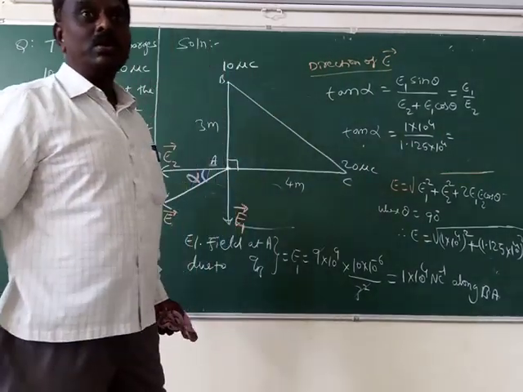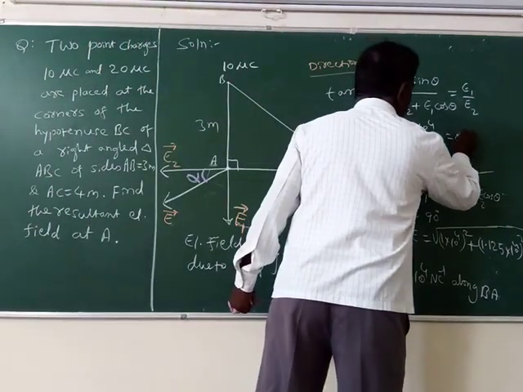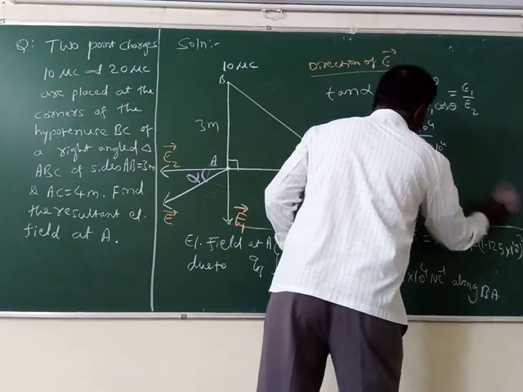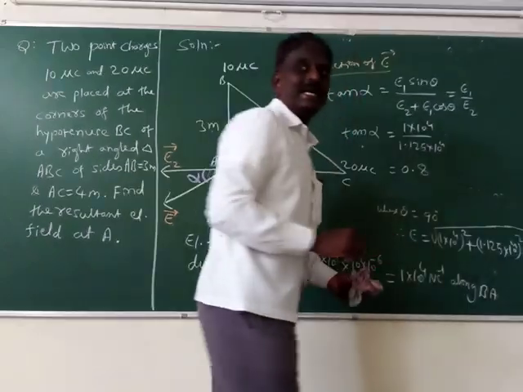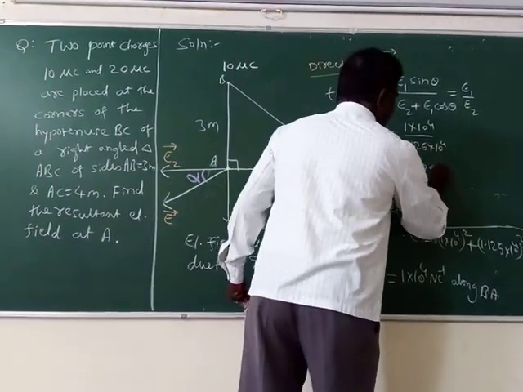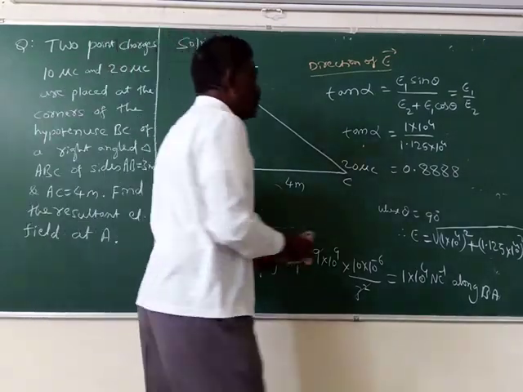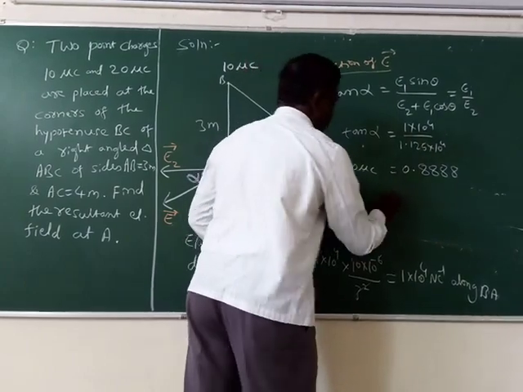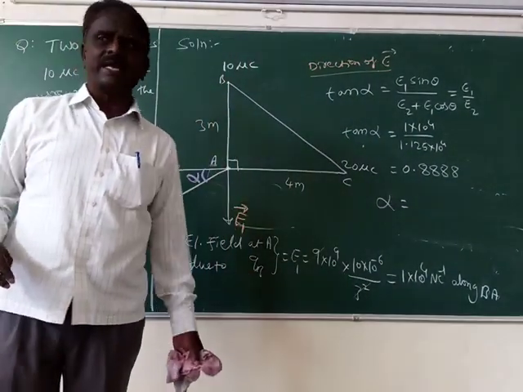It is equal to 0.888. How to get the value of alpha? Alpha equals tan inverse of 0.8888.